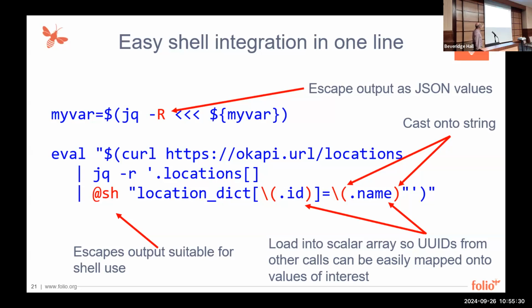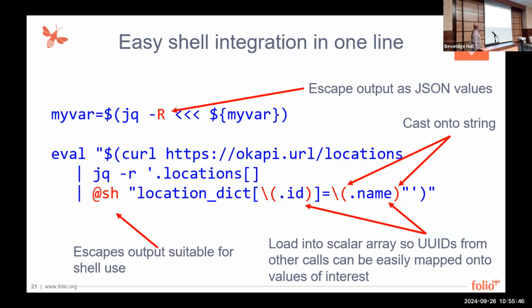The second one is, when you're working with FOLIO, a lot of the time you're working with UUIDs, and having a table full of UUIDs is not insanely useful. Well, it can be useful, but it's not always useful, especially if giving a report to someone.